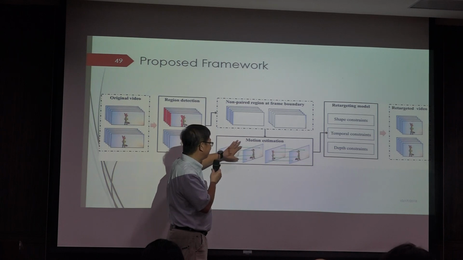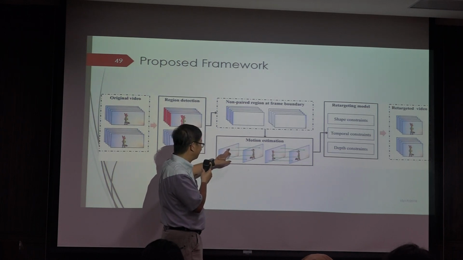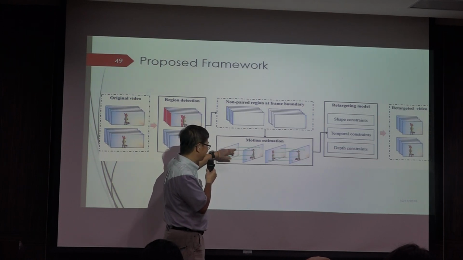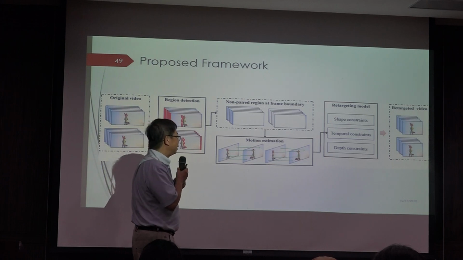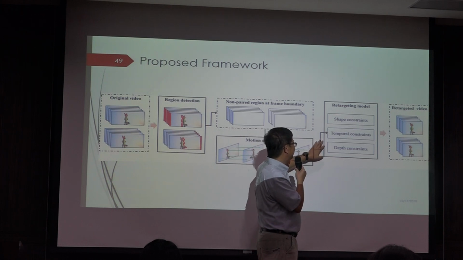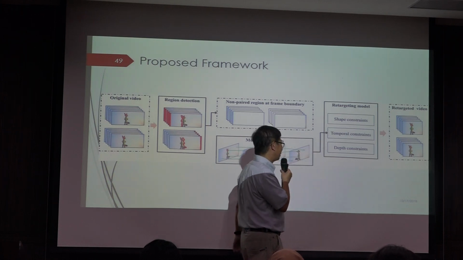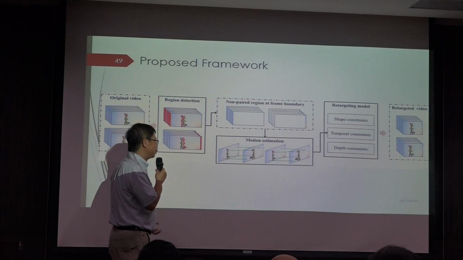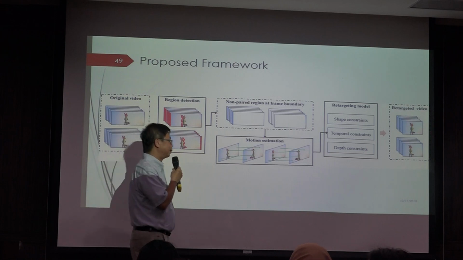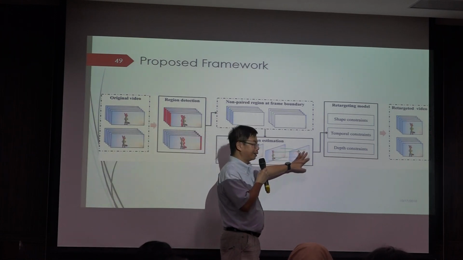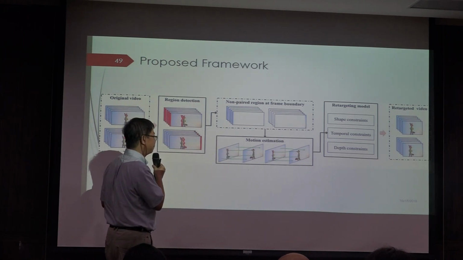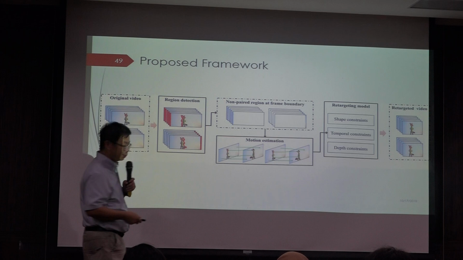We construct a grid flow based on motion estimation, so we find the correspondence between the corresponding regions along time. Then we apply our retargeting model, which includes shape constraints, temporal constraints, and depth constraints. For those important regions, like paired regions, we impose all the constraints. But for the boundary non-paired regions, we relax constraints based on their texture type and some predetermined threshold. Finally, we obtain our retargeted video.